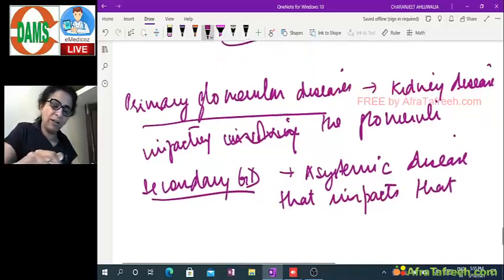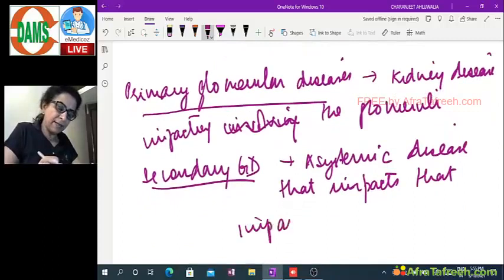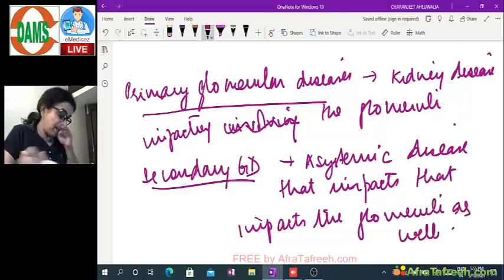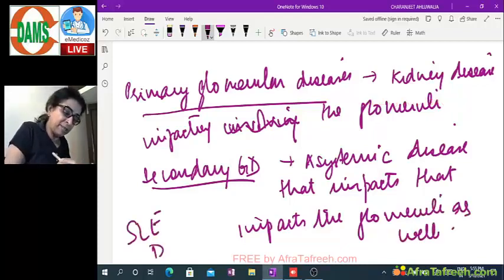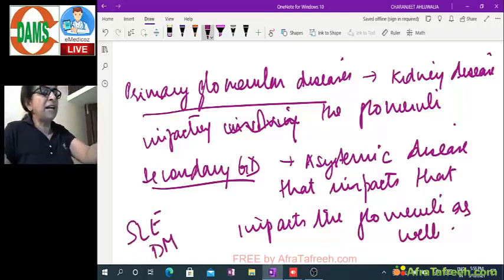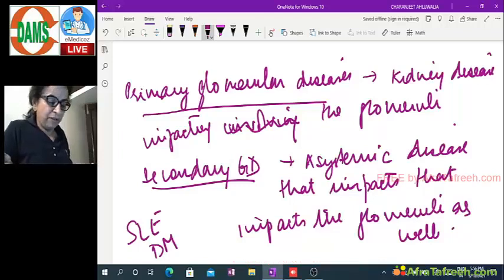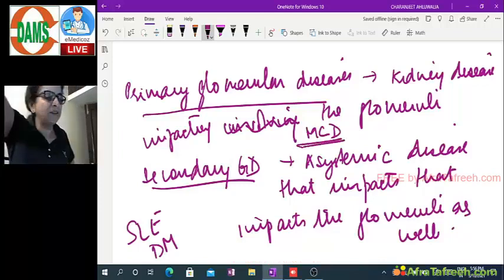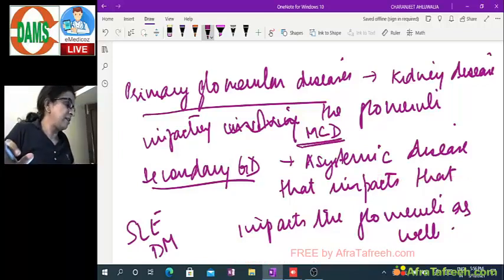Examples are SLE and diabetes mellitus. SLE is a multi-system disease which has an impact on the glomeruli also. Whereas minimal change disease is a primary glomerular disease. It is not a systemic disease. So this is what we have to learn about these.